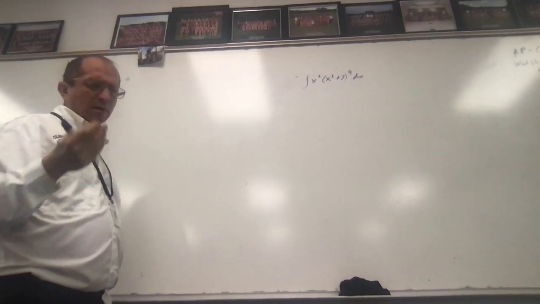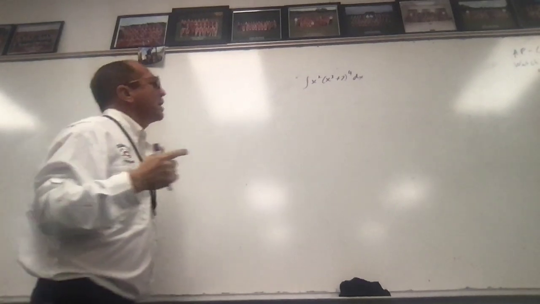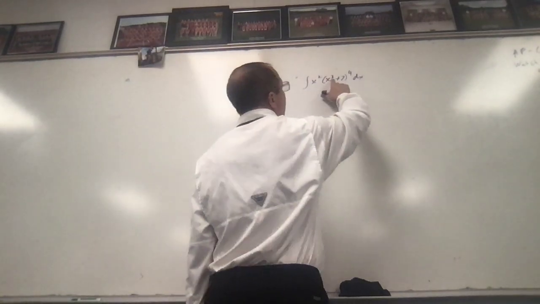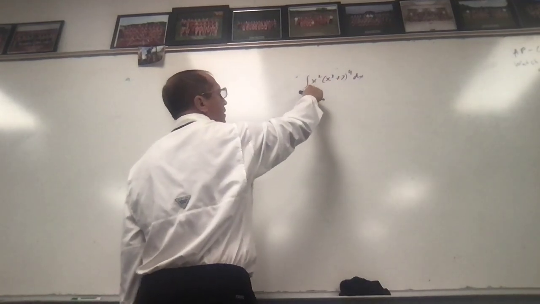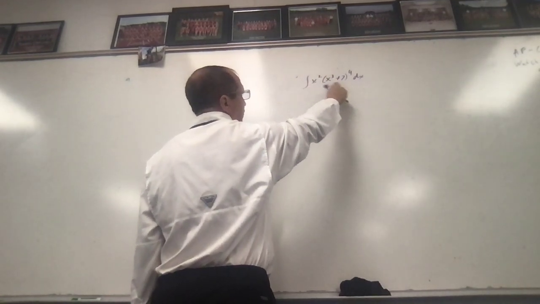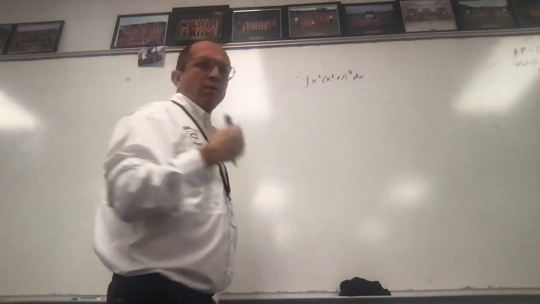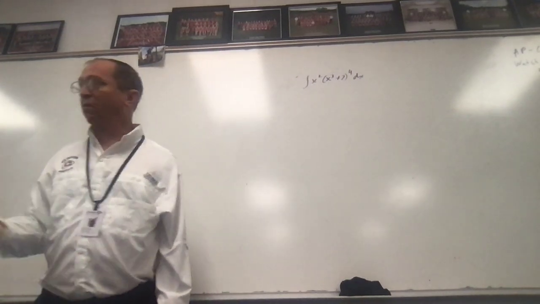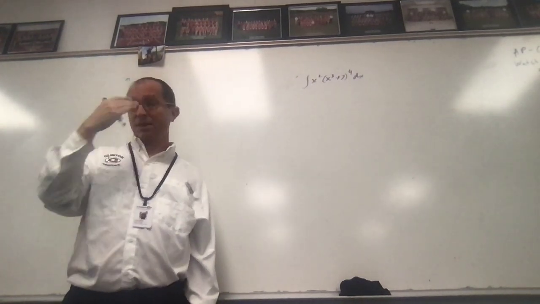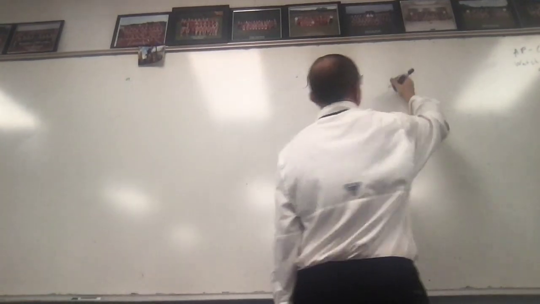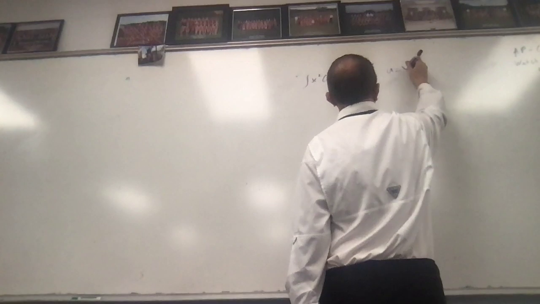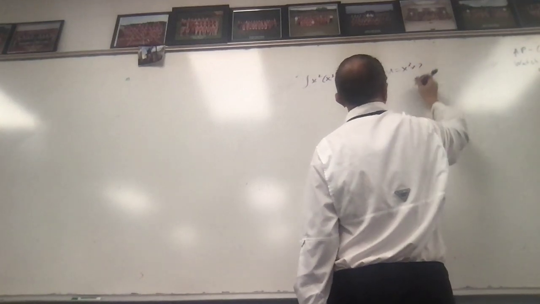The reason I say pick what has the largest exponent is that the derivative of x cubed is a form of x squared, but the derivative of x squared is not a form of x cubed. So you want to pick something where its derivative or some similarity to the derivative is in there. So I'm going to let u equal x cubed plus 7.